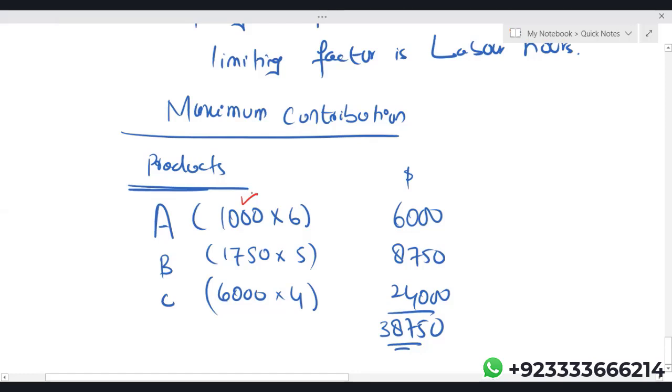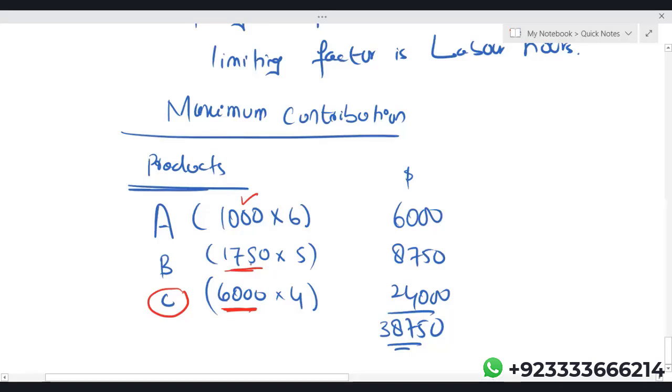And according to the ranking, after meeting the minimum requirement of A, we have to go towards C. And for C, the maximum units which we can produce is 6,000. After that, we have calculated 1,750 units of product B. So the way I'm calculating maximum contribution, please do not get confused with this.